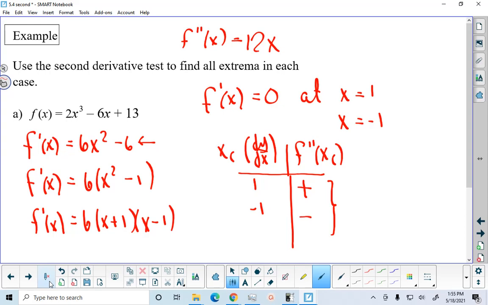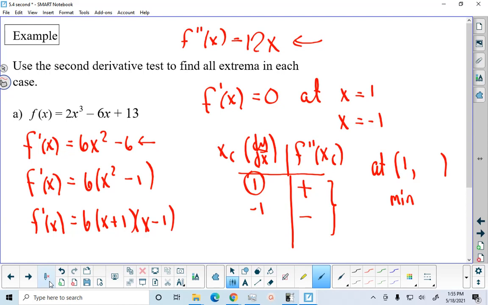If I put the critical value x equals 1 into the second derivative, I will get a positive second derivative. And if I put negative 1 into the second derivative, I get a negative second derivative. What does this mean? It means at 1 comma something, there's a minimum because it's concave up.